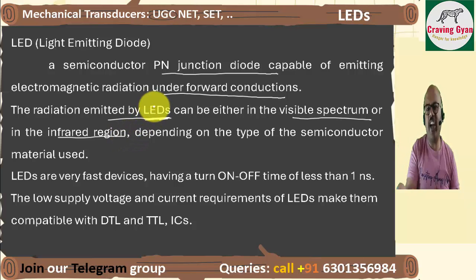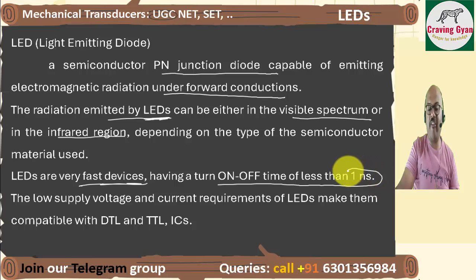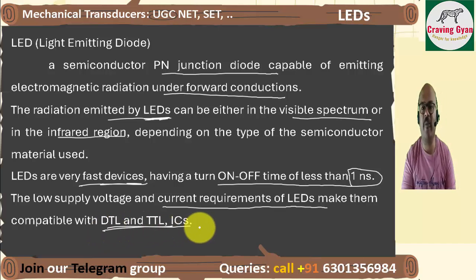TV remote, AC remote, it will be in the infrared region only, depending on the type of the semiconductor that is used. LEDs are very fast devices having a turn on and a turn off time of less than 1 nanosecond. Try to remember these values. Very important. The low cost, supply and current requirements of LEDs make them compatible with other families also.